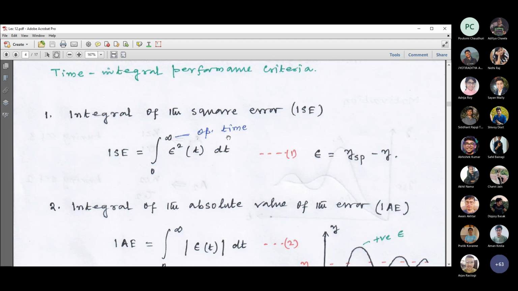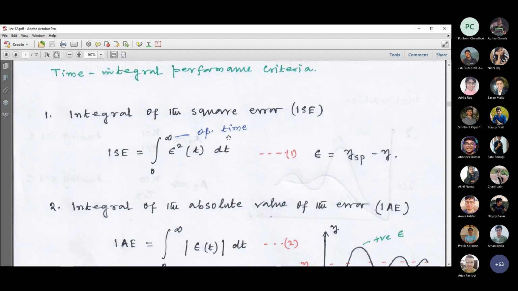That is, infinity means basically the operating time. It is not actually infinity, and the absolute value of the errors. Now student, can you tell me why absolute value is taken here? Why absolute value is taken here?